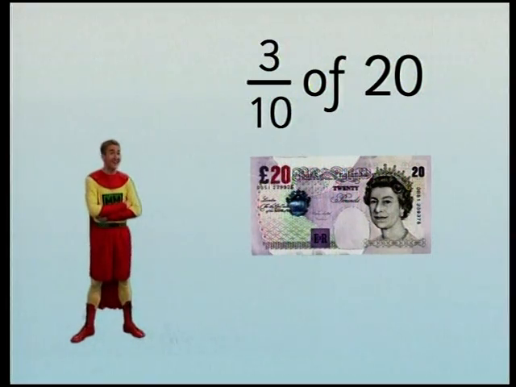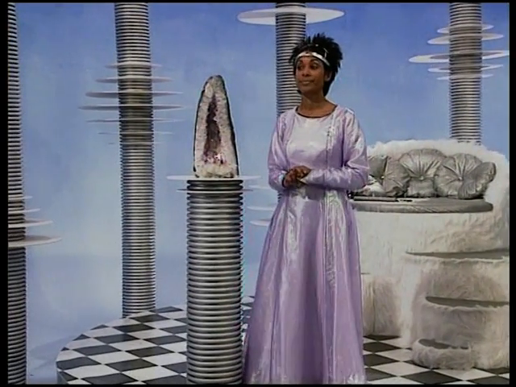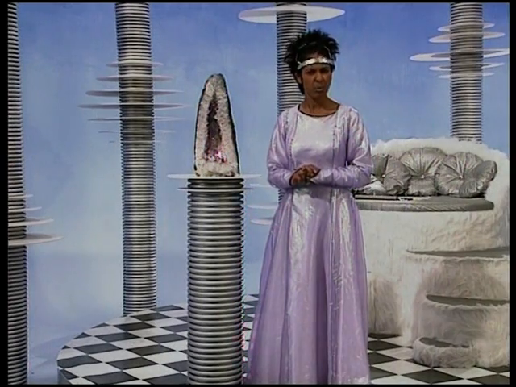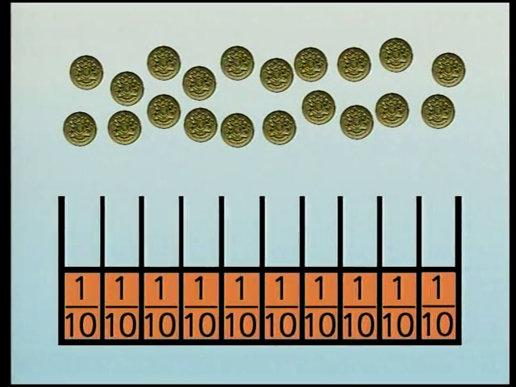Help, Your Holiness. As it's your birthday, I will help you. First, let's turn the 20 into something that will make it a little easier: 20 one-pound coins. Now, the best way of finding 3/10 of something is to find 1/10 first. Watch.